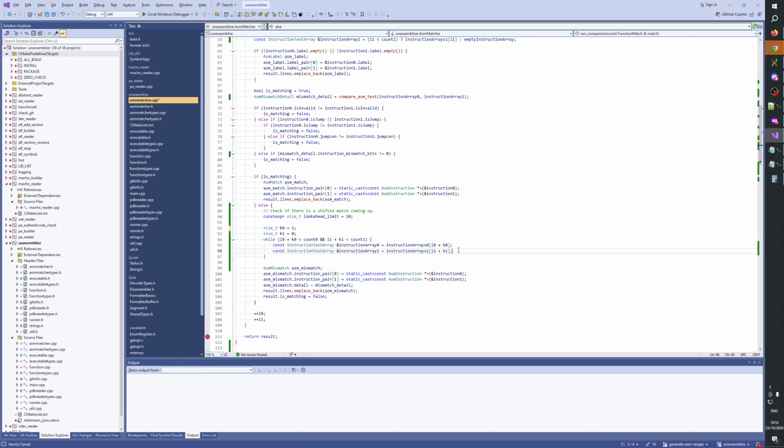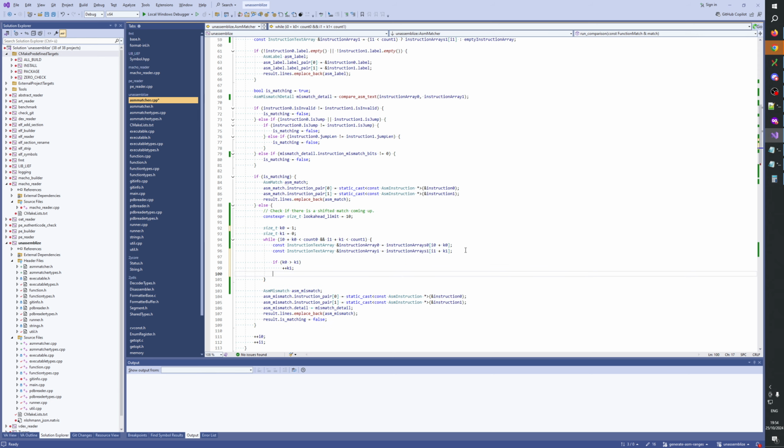And here at the end we do plus plus. Well, we do if K0 larger than K1, then plus plus K1, else plus plus K0, right?